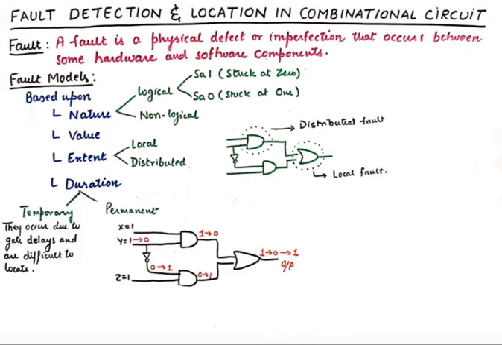Then we have the fault models based upon duration. So we have temporary and permanent. Now these kind of errors are due to gate delays and are difficult to locate. For example, if we give a 1 1 1 here, the output could be 1 because a 1 and a 1 could give me a 1 here, and a 1 and a 0 would give me a 0 here, and finally we get a 1.